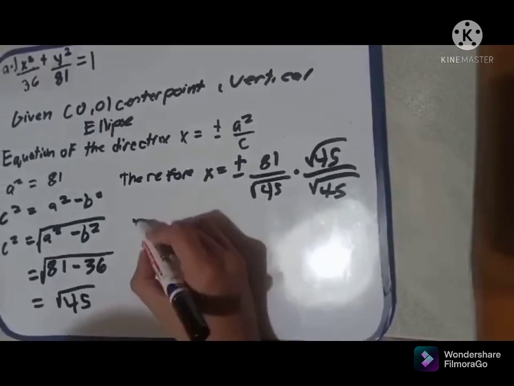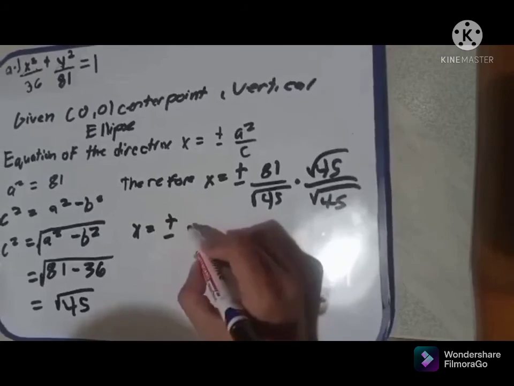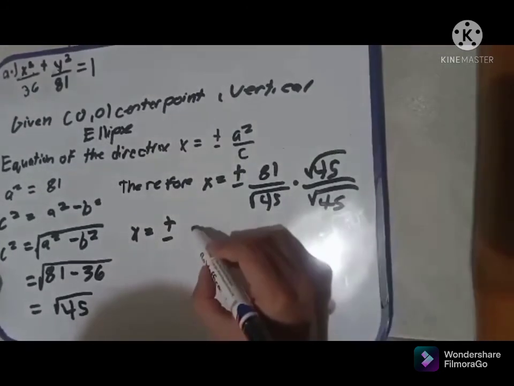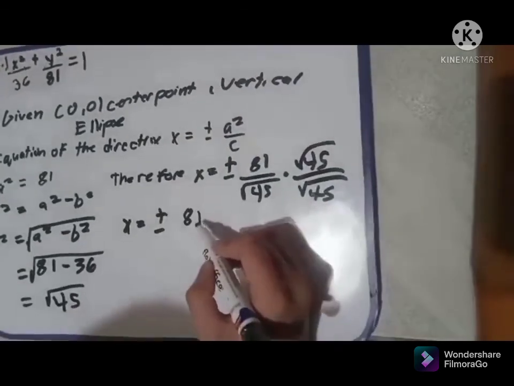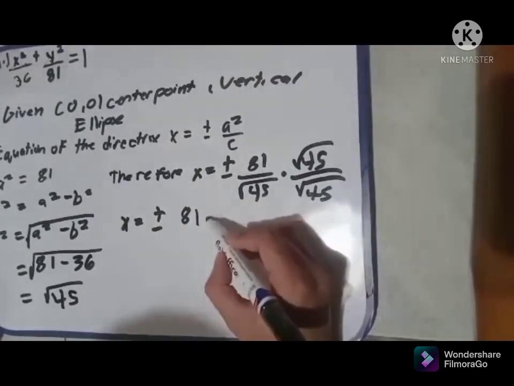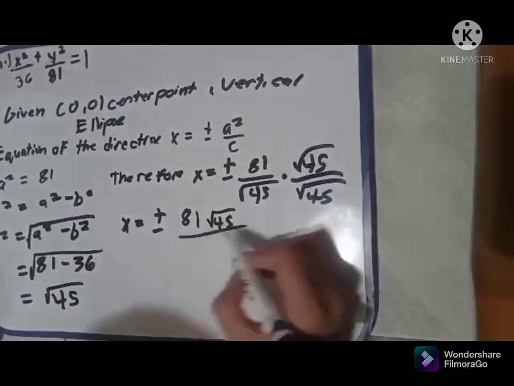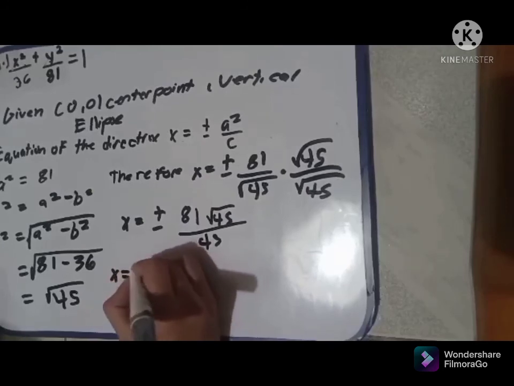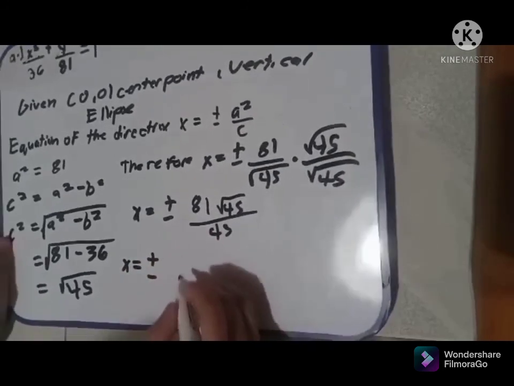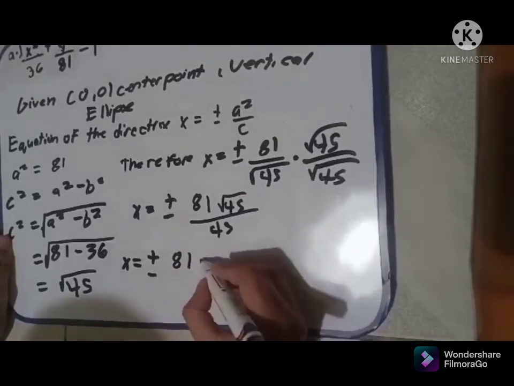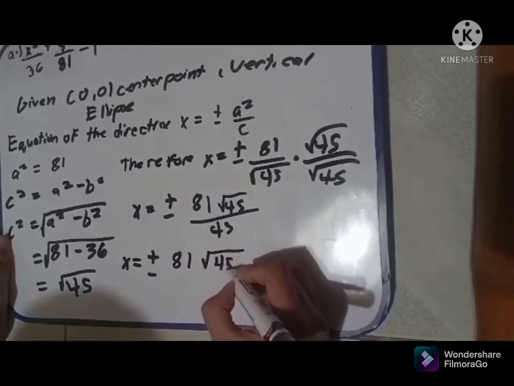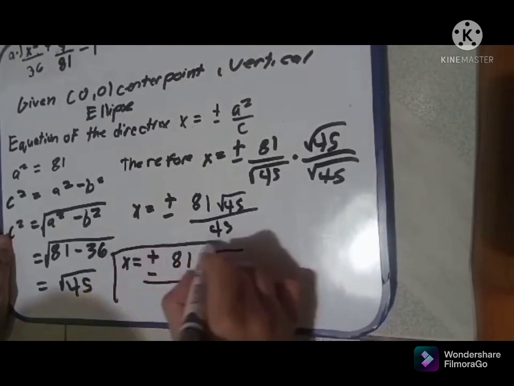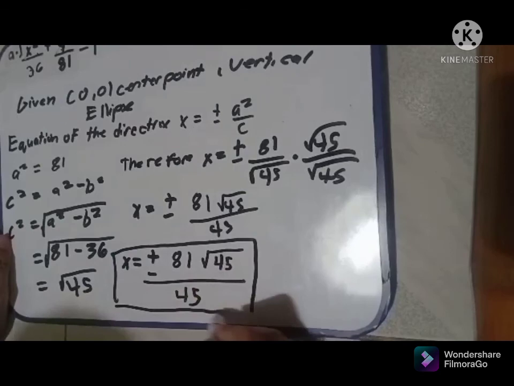So it will become x equals plus or minus 81 square root of 45 over 45. So the final answer is x equals plus or minus 81 square root of 45 over 45. This is our final answer.